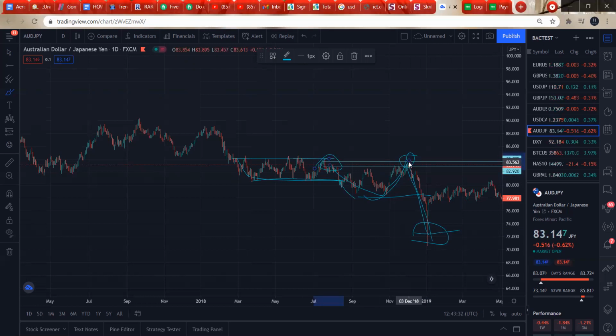But then from here, 3 December, from up here to here, it only took 1 month. So you can see why we don't want to enter in these corrections. But if we can just get these moves, that's what we want to see.